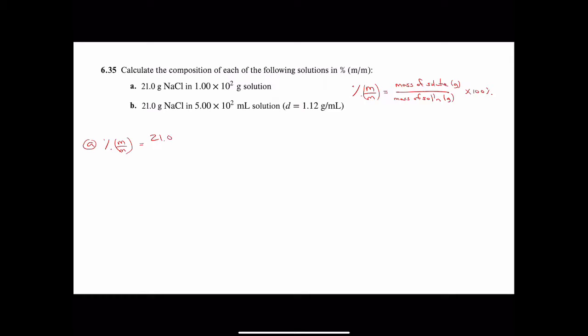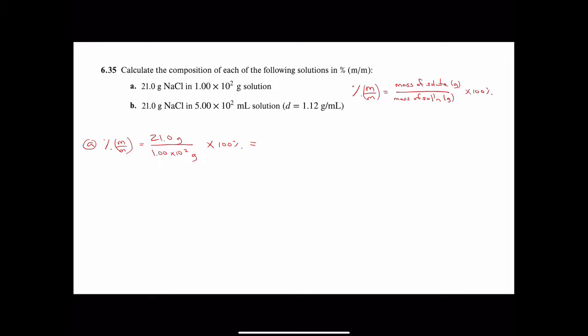So 21.0 grams of our ionic compound, sodium chloride, divided by the mass of our solution, which is 1.00 times 10 to the power of 2 grams of our solution. Then I multiply that whole thing by 100%. And I should have 3 significant figures in my final product.